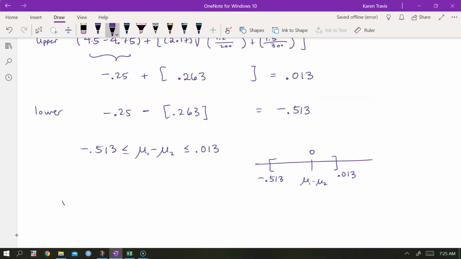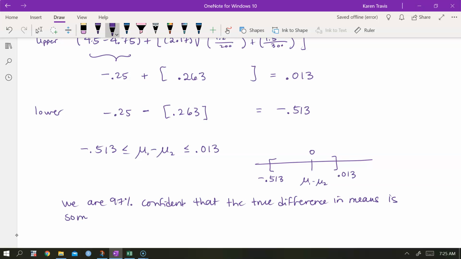So we say we are 97% confident that the true difference in means is somewhere between Sound Credit Union has a longer wait time.